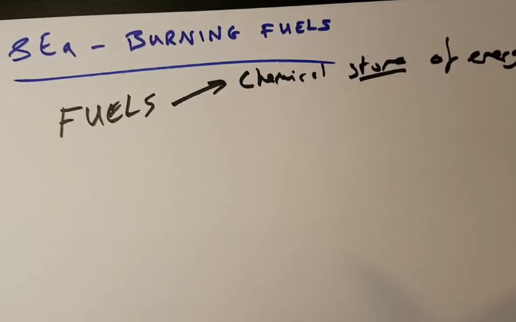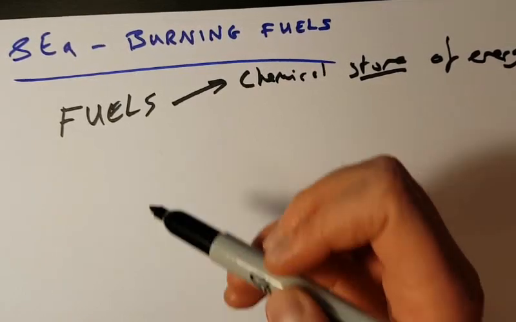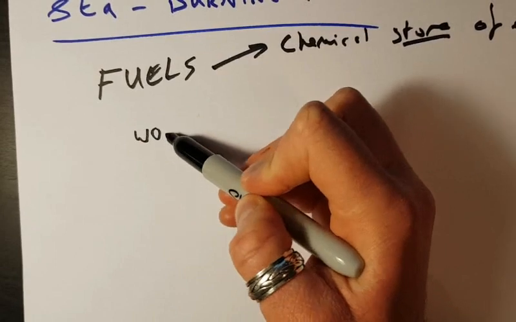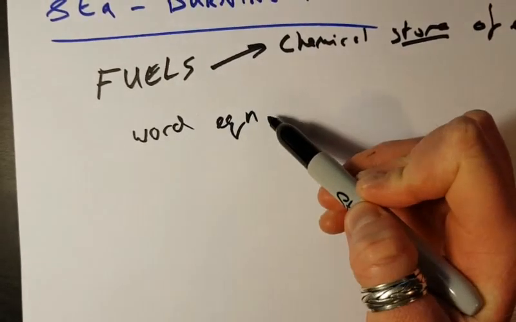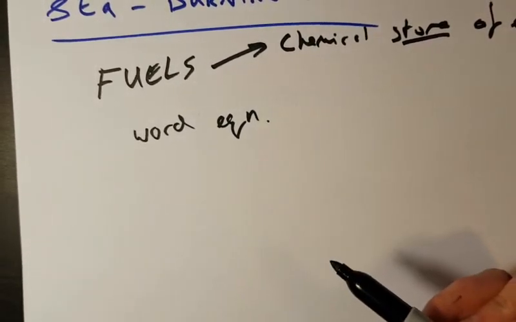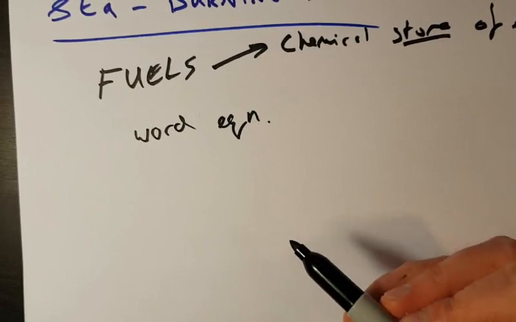So, before we can go into that a little bit further, we need to do a little bit of a review of word equations and how we use word equations in science. So what do we mean by a word equation? Okay, so let's use the classic example of photosynthesis.